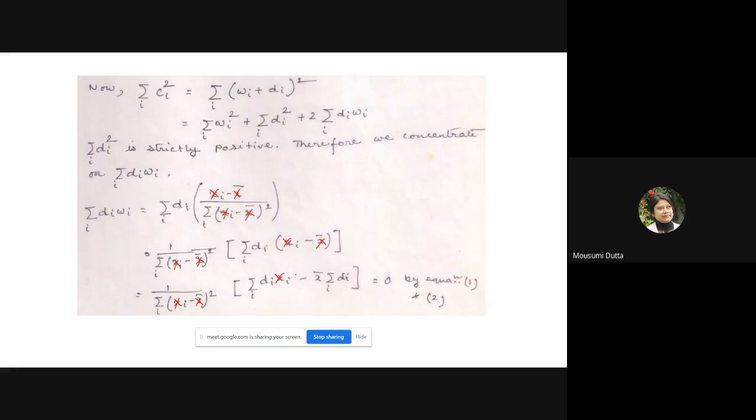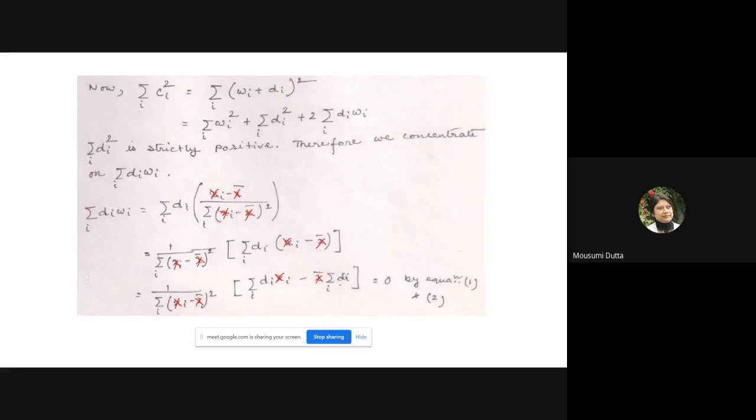So it is summation di (Xi minus X bar) into summation di. Already we have two constraints, equations 1 and 2. One is summation di is equal to 0. If you put this restriction here, the second term will vanish.